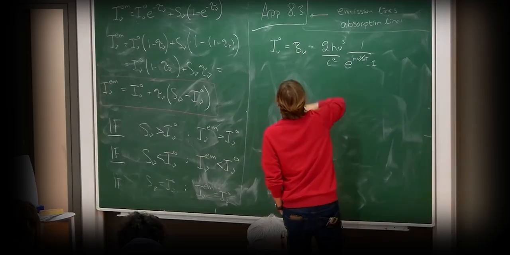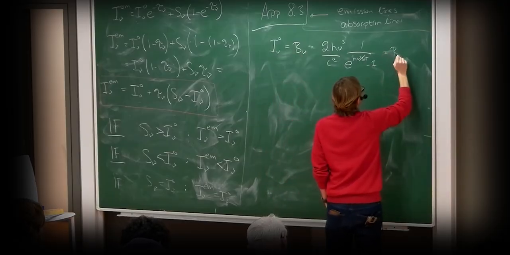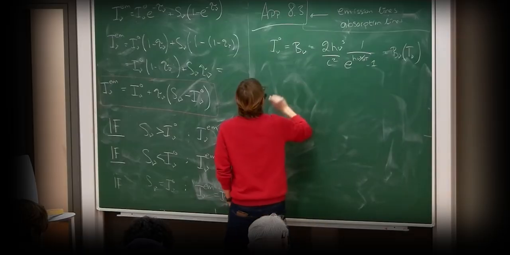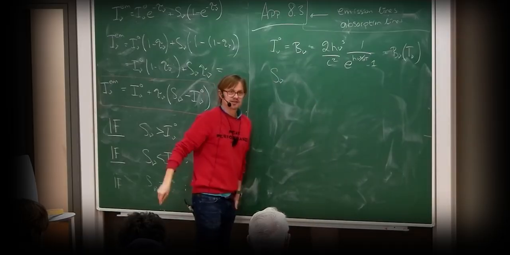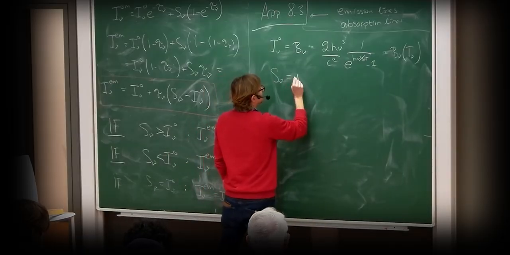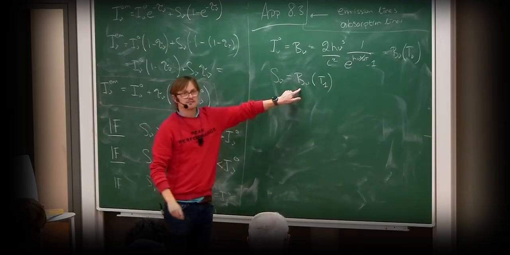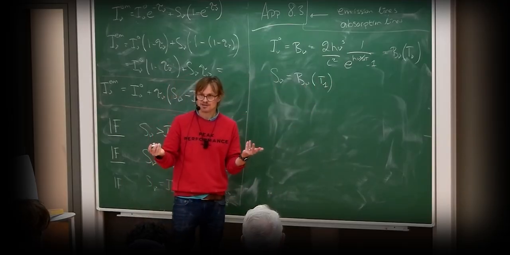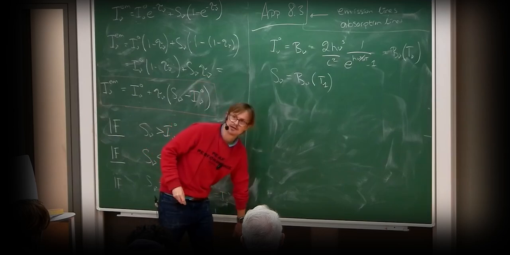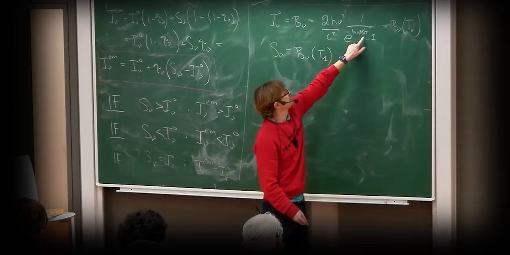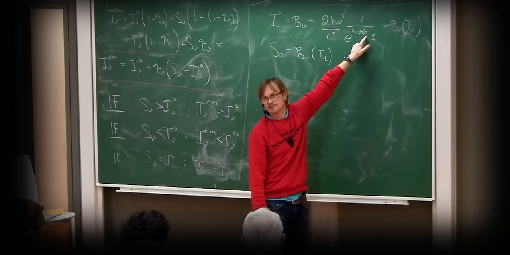So we have that at some temperature T0. And now let's say that the source function is also the Planck function, at the same frequency but at some other temperature, T1. That's just the same functional form at the same frequency, you just insert a different temperature in the Planck function.